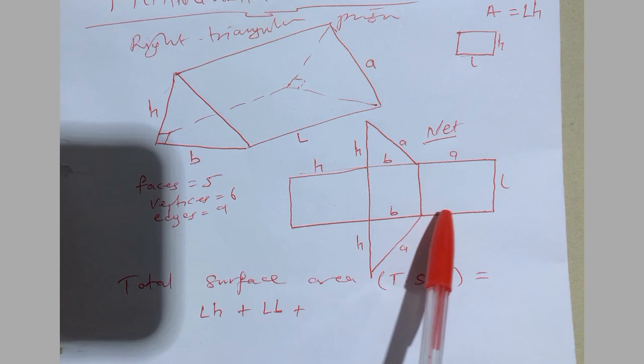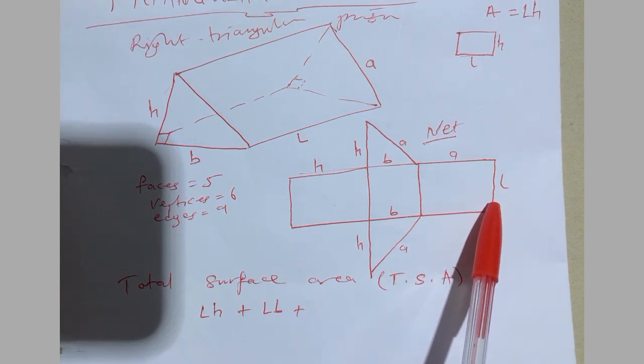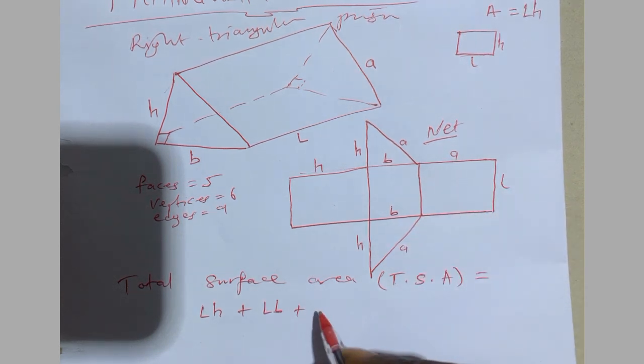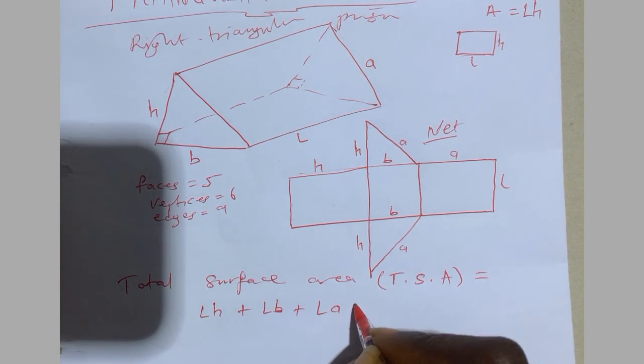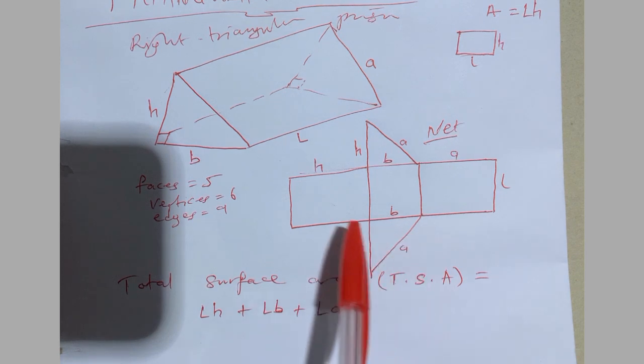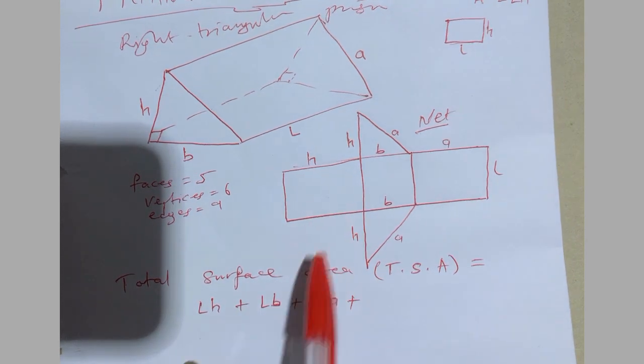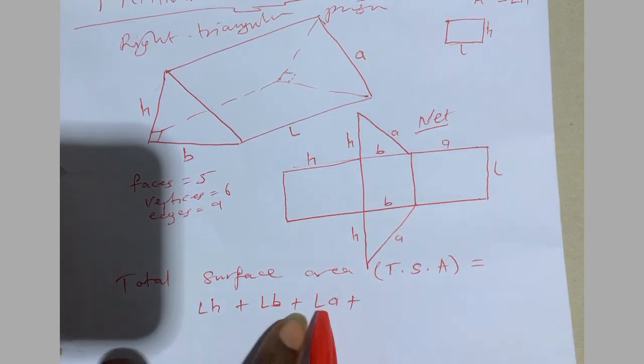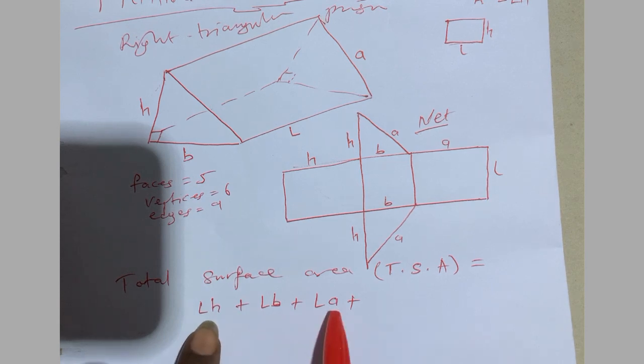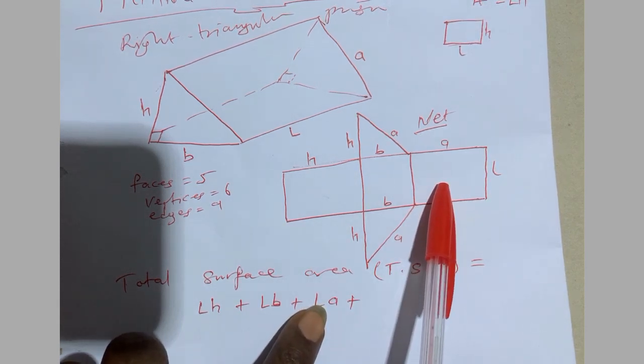Okay, and the area of that is going to be what? L times what? The A, that plus, that's the LA. LH is for this, LB is for this, then the LA is for this one.